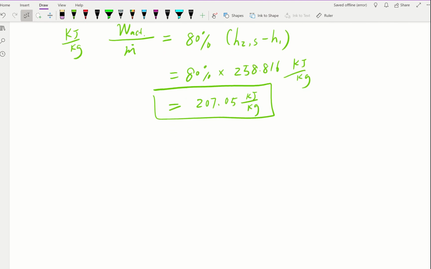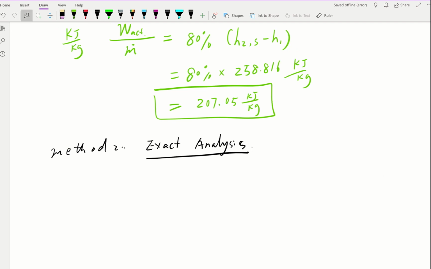Now we're going to look at method number 2. We're going to work on exact analysis. This is something I will introduce a new concept here. So previously we had an equation for solving for exact analysis to solve our delta S, entropy change.